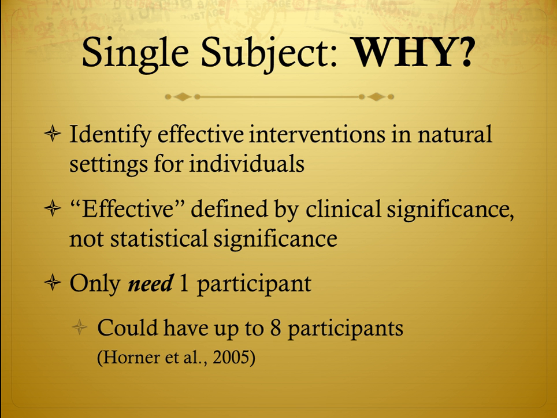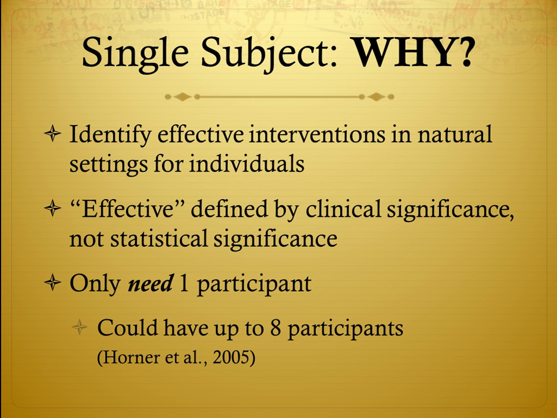It can be performed in a lab setting, but that's not very common. One of the great advantages to single subject research is that it is a feasible and efficient way to conduct research in the field. The field typically being the classroom or a counseling center or an outpatient facility.